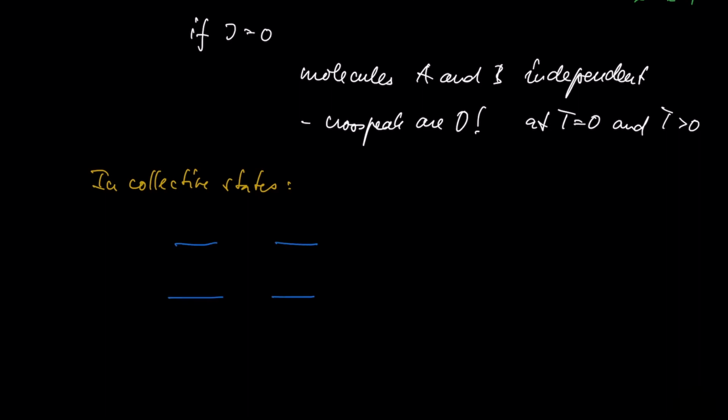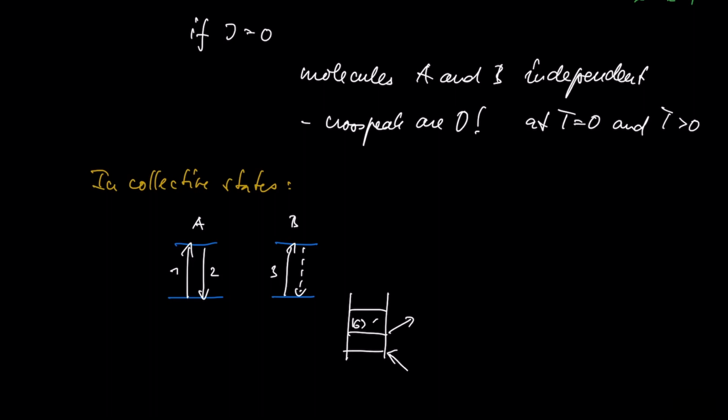So for instance, we have this situation when we excite with the first excitation molecule A, then we de-excite it, so this is going to be a ground state bleach contribution, and then with the third pulse we excite the other molecule and there will be an emission on that molecule B. So if we have a look at the Liouville pathways, for instance here, this is the situation that we look at. We are in the ground state in the middle and we excite the B molecule and then we get a signal out of it. So this is a positive signal and should be somewhere on the cross peak.